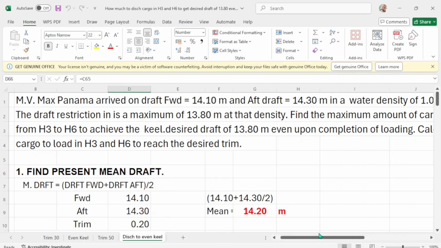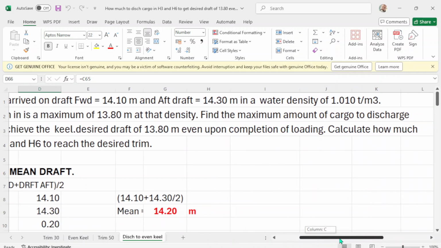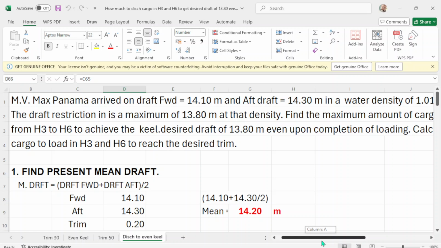The draft restriction at berth is a maximum of 13.80 meters at that density. Find the maximum amount of cargo to discharge from hold number 3 and 6 to achieve even keel.